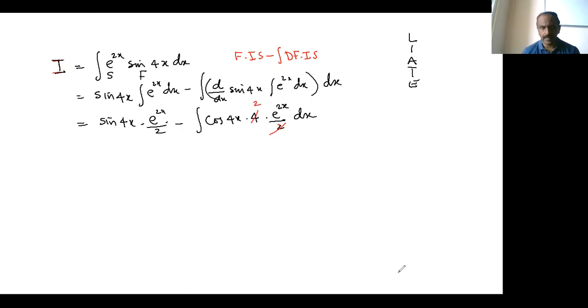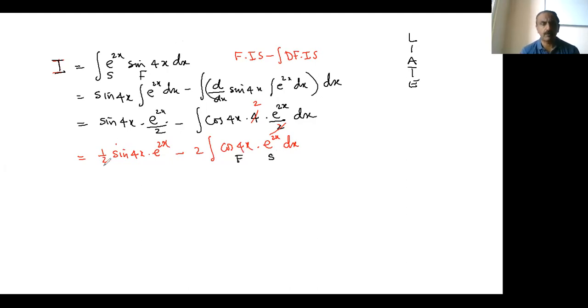So I can now write this as (1 by 2) sine 4x into e raised to 2x minus 2 times integral cos 4x into e raised to 2x dx. Now again, I am going to apply once more integration by parts.